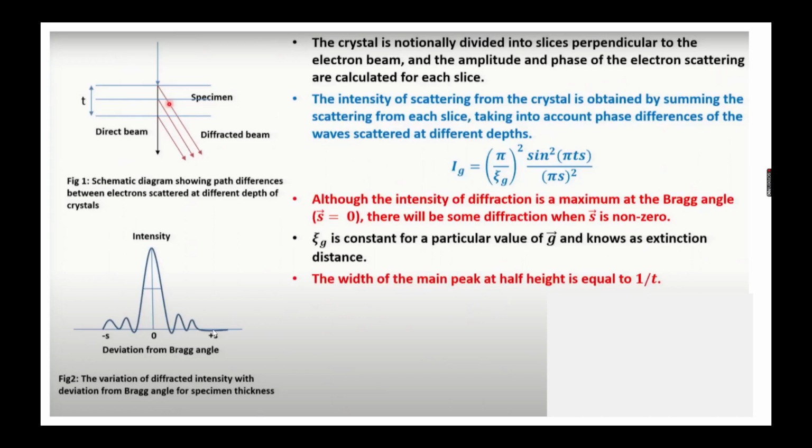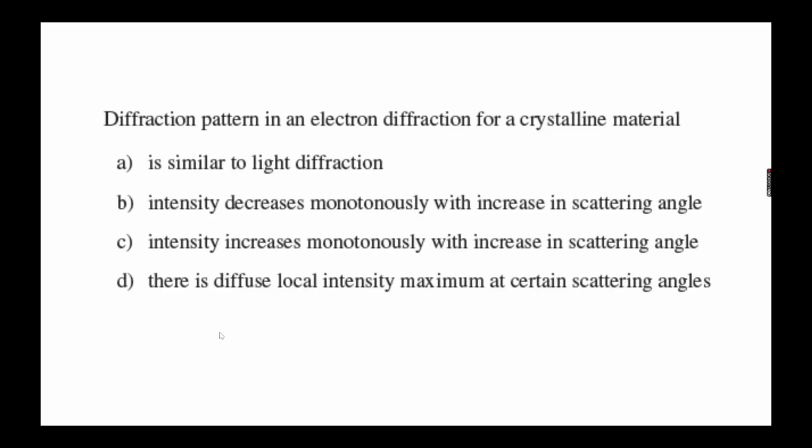But for this question, the intensity is highest at the center, and when you go to plus and minus s, the intensity decreases and becomes slightly diffuse. The option asks whether intensity increases monotonously with scattering angle, but here there is a diffuse local intensity maximum at a certain scattering angle.